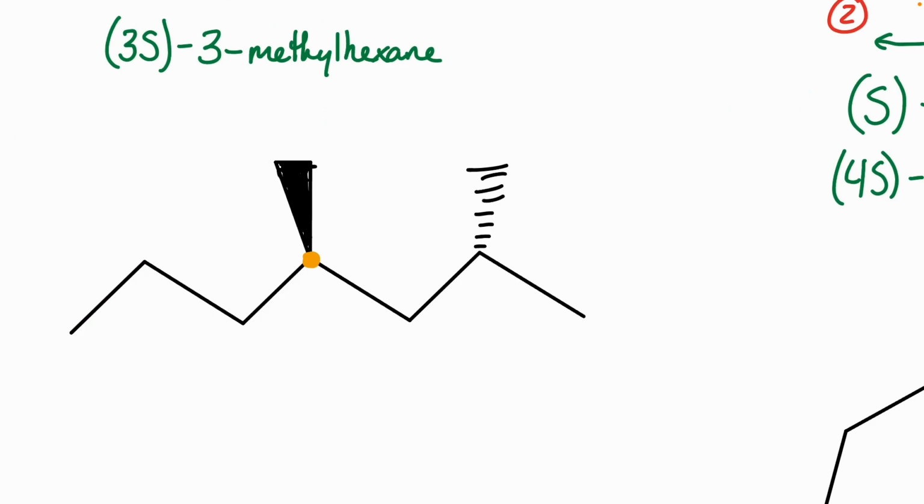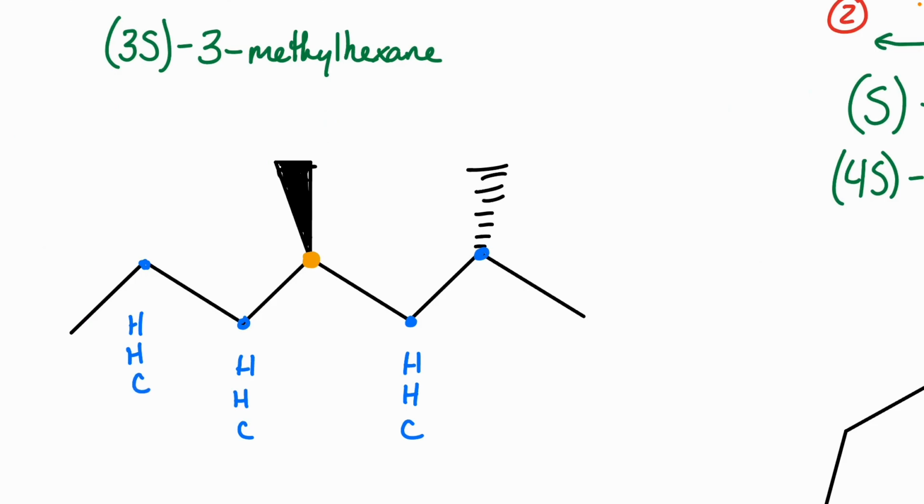Okay, so if we say A, B, and C, which one is my highest priority group? C, right? This branch point right here, because let's remember, what we're going to do is we're going to look at this carbon, these 2 carbons, and we have a tie because they're both carbons. So we're going to list everything they're bound to. Hydrogen, hydrogen, carbon. All right, we got another tie, so we're going to move down the line.